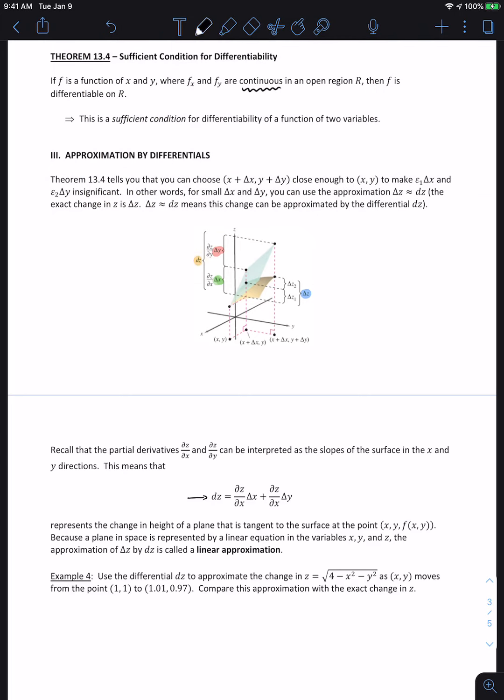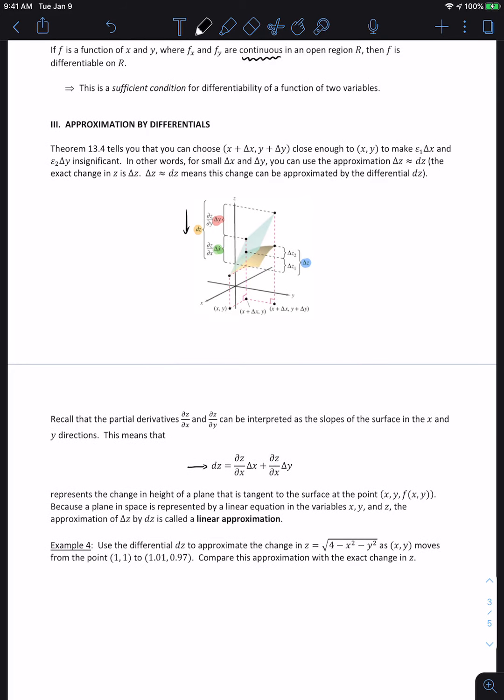So the idea is if delta y and delta x are small, then dz is going to go down and start looking like delta z. And when dz starts to look like delta z, that's the idea that we can approximate delta z with dz. So that is a picture representation of what's going on.